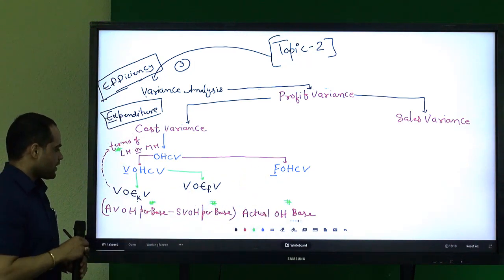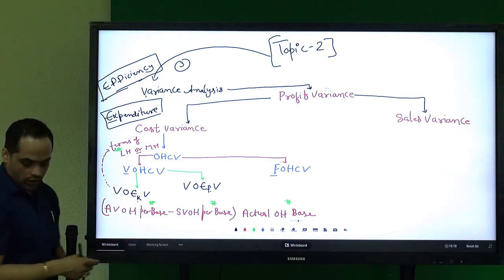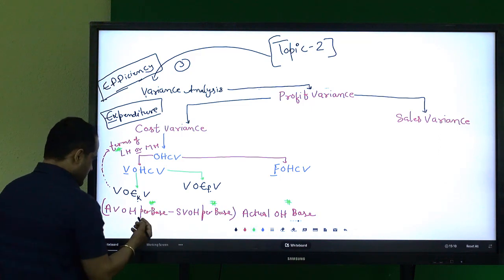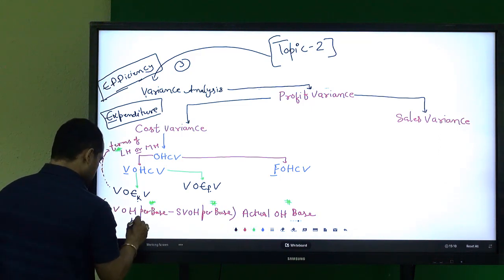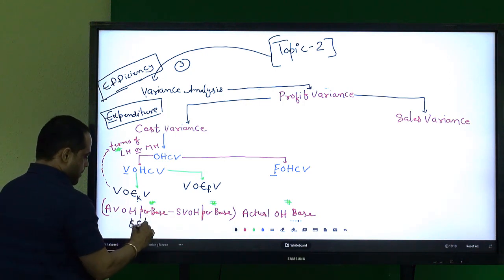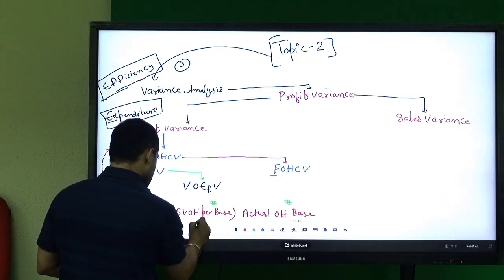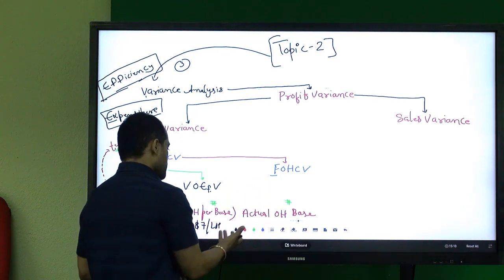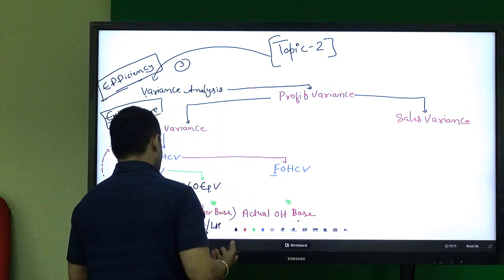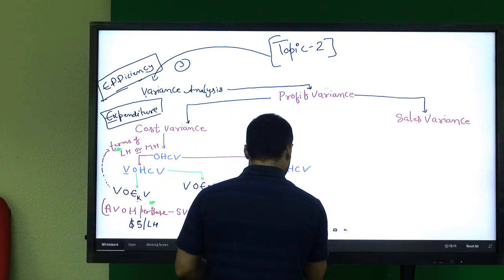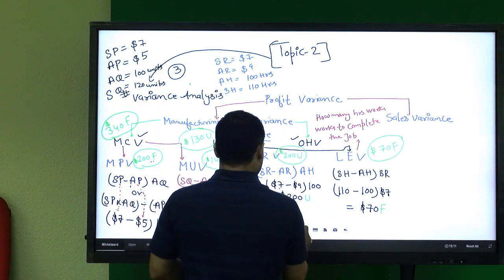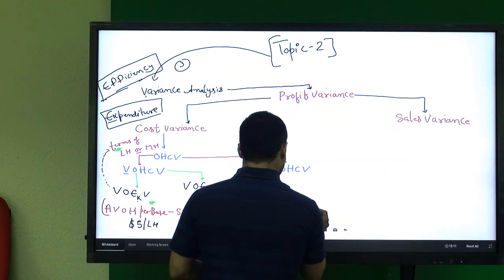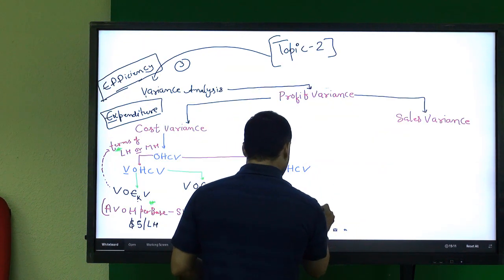Right. So let me write down some numbers here. For example, actual variable overhead per base, let's say it's $5 per labor hour, and standard is $7 per labor hour, and actual overhead base, which means of course hours, let's say it's 100, right?